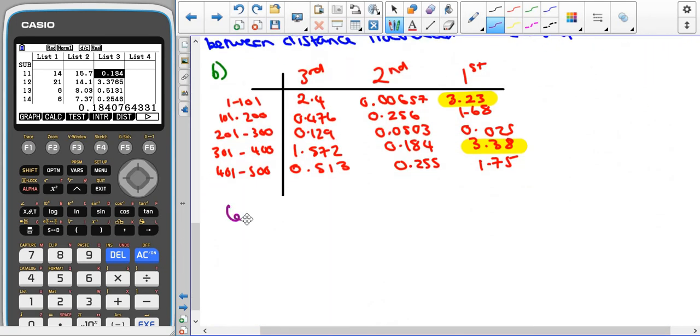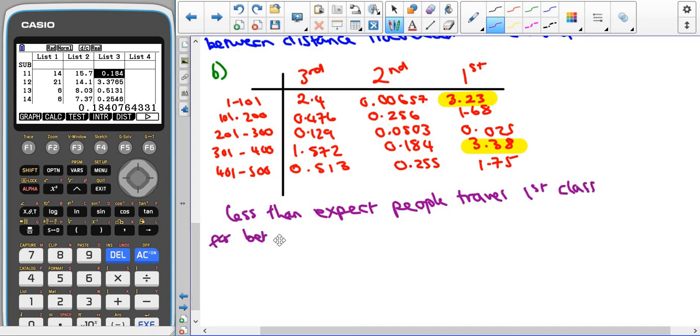So less than expected people travelled first class for between 1 and 100 miles. And the other one is this one here, the 3.38.